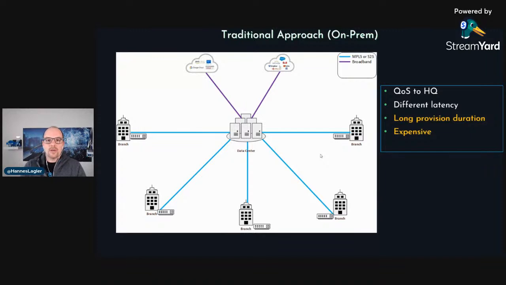But when we think about a worldwide MPLS environment, it could be really, really expensive. And when we think about cloud, we have an extra hop or more hops to the cloud. For example, when a branch office wants to connect to the cloud, it always goes over the centralized data center connection to the cloud. So not really good.